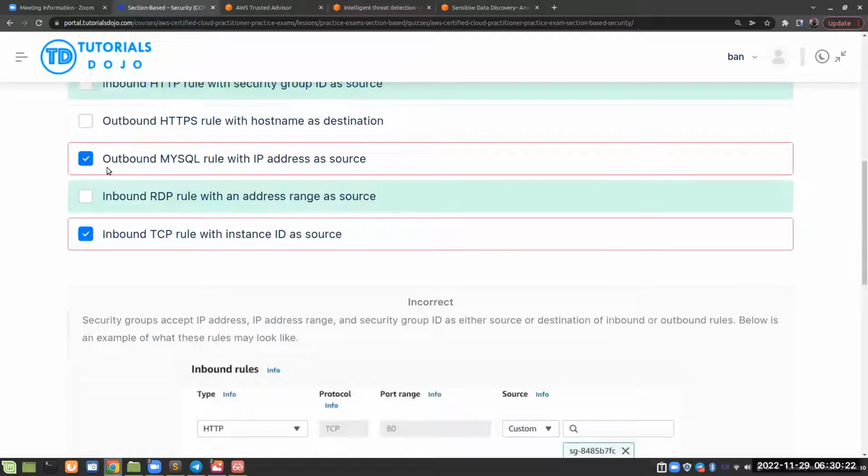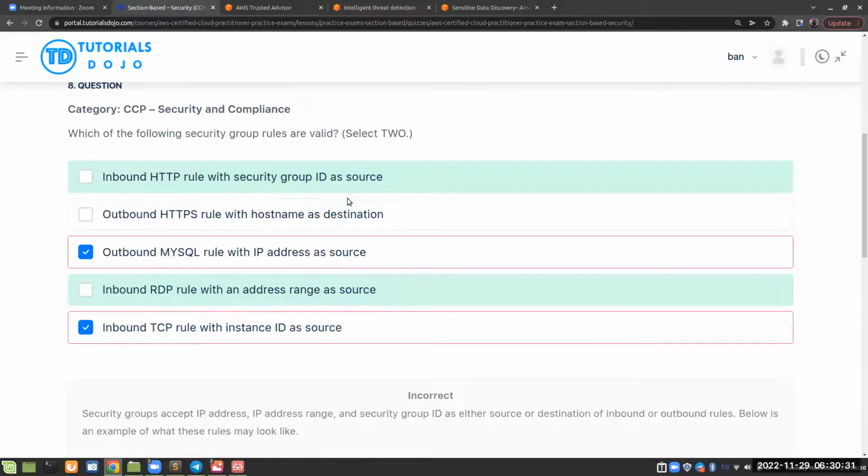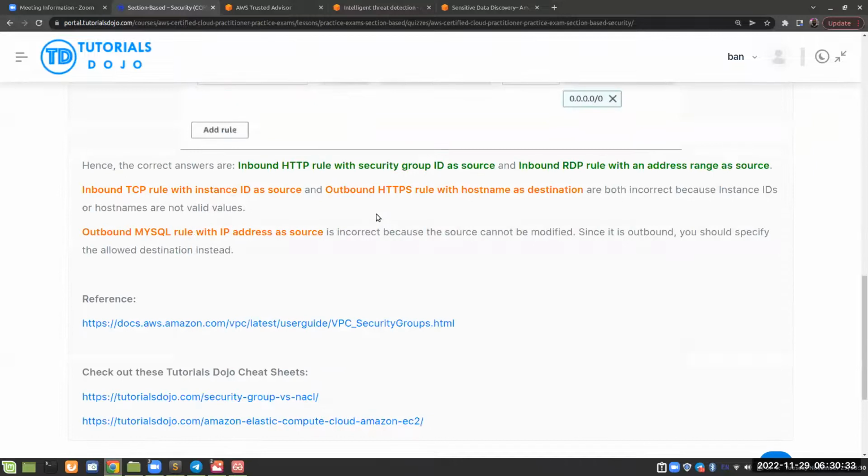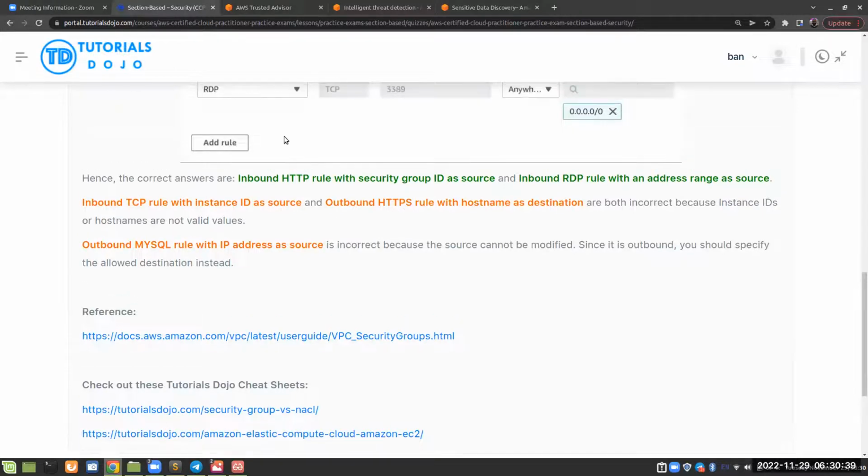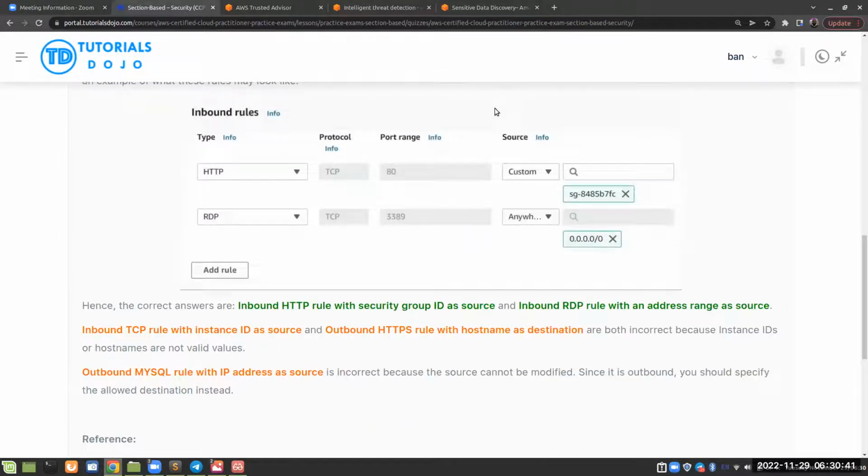But the other ones, outbound MySQL rule with IP address as source. This is IP address. Outbound, that's not possible. But I'll leave that for if you're looking more into how to create security groups; try to read that more, and you'll understand if you want to go into details. But this is just what we can have for this question.